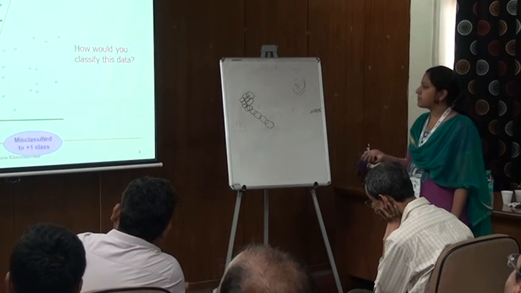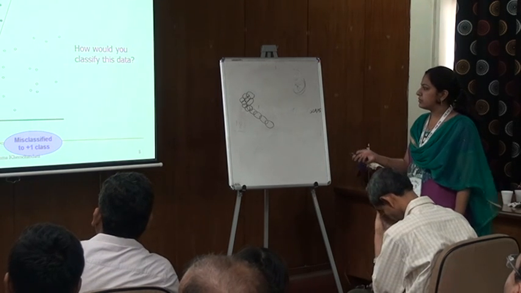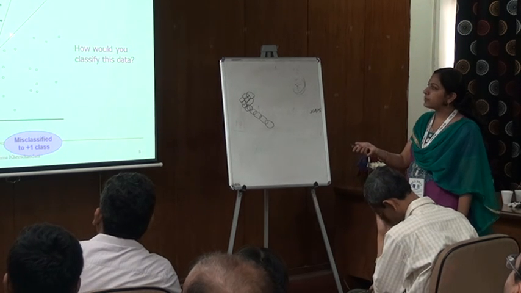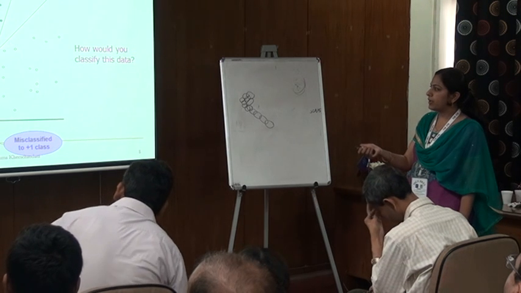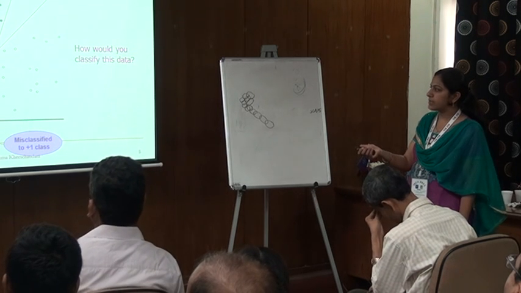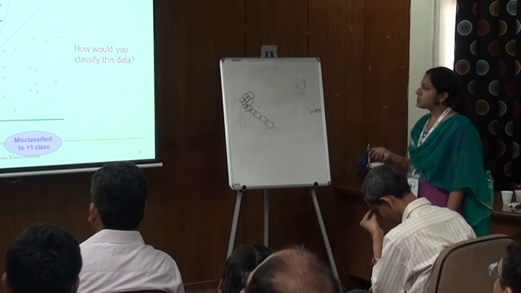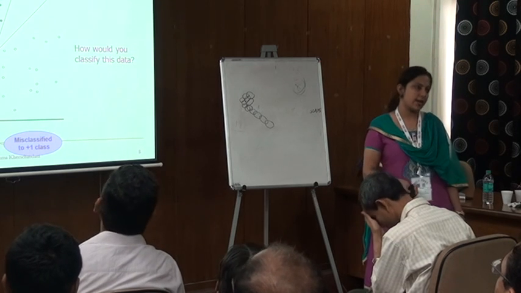So this is a misclassified point, and if I take this as the classifier, then the problem will come with this particular point. Or let's say a point which is going to lie in this particular region, the ambiguity will still remain. So a single hyperplane won't be sufficient here.